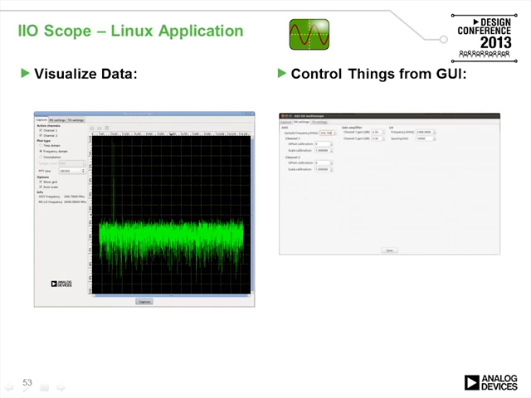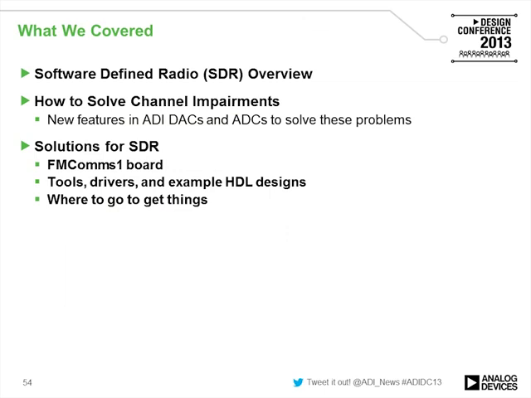And here's that application, because you can look at things in the frequency domain, control things from the GUI, to make it a much faster out-of-the-box experience to just get things running, play with it, and then you can start ripping it apart and putting your own IP and your own modulation schemes, those kinds of things, inside the FPGA or inside the ARM chip.